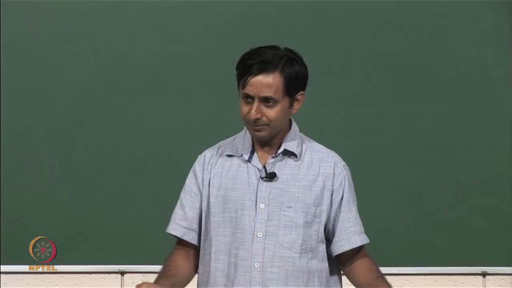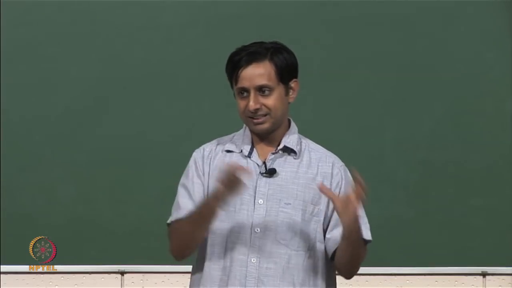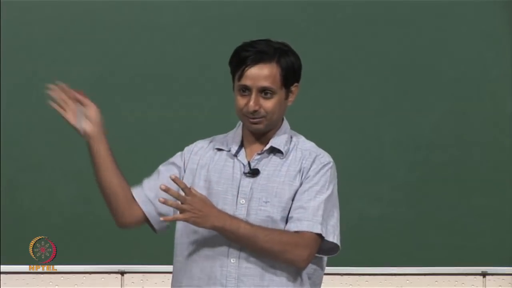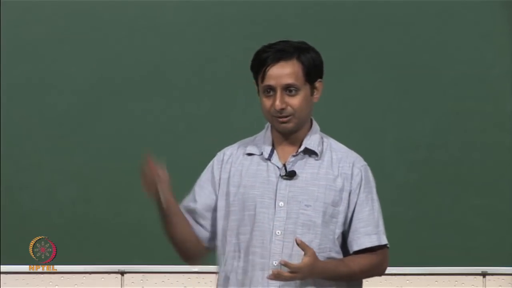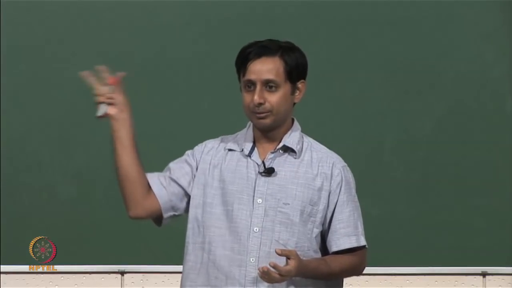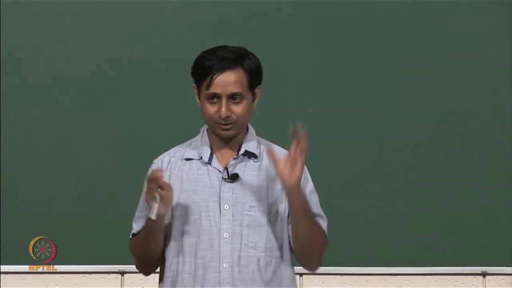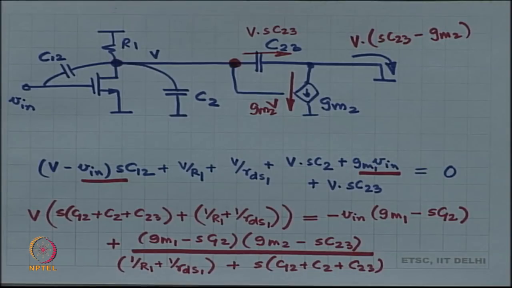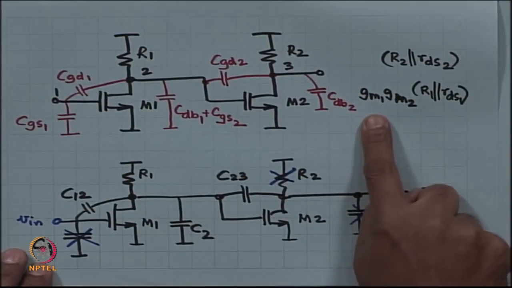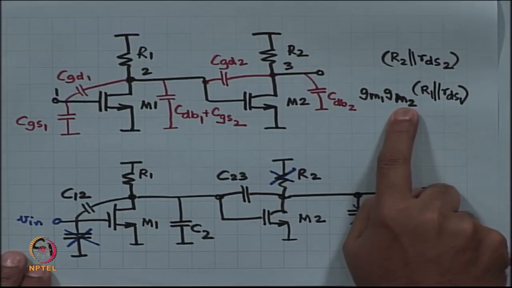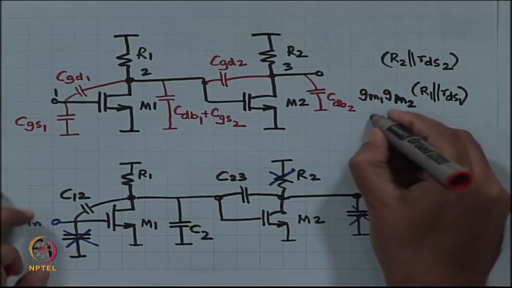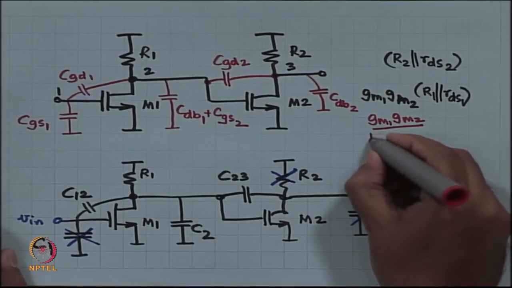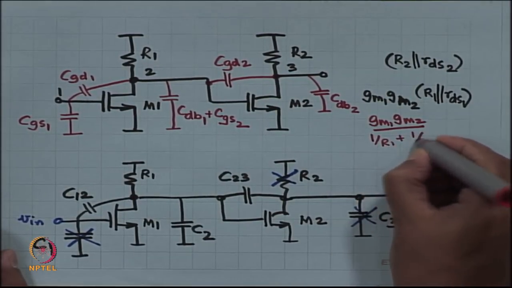And what is the form? The form is DC term times 1 plus the poles, 1 minus the pole, 1 minus the 0 or whatever, product of zeros, product of poles, right. So, you have to take the DC term common outside, and my DC term was quite straightforward. It was just this GM1 GM2 divided by 1 by R1 plus 1 by RDS1.